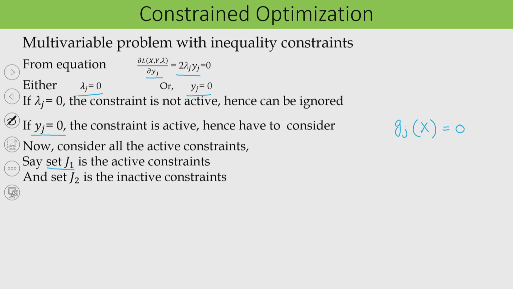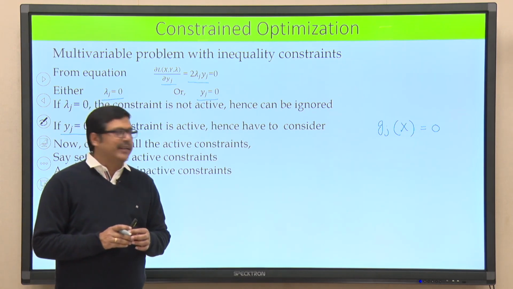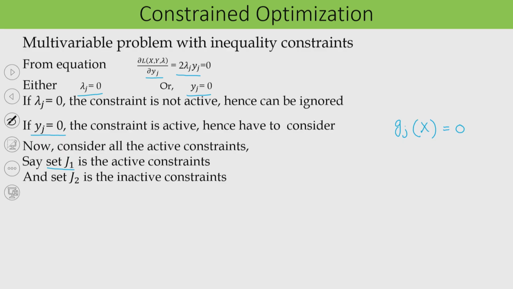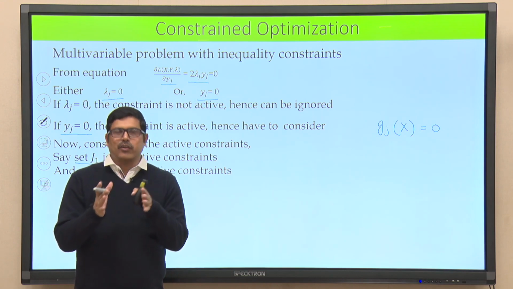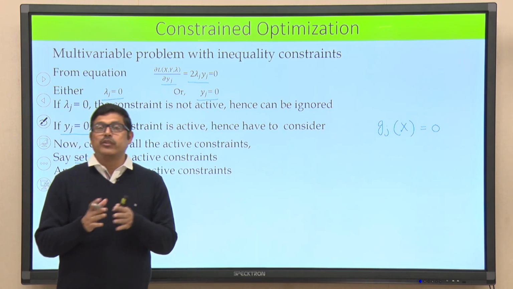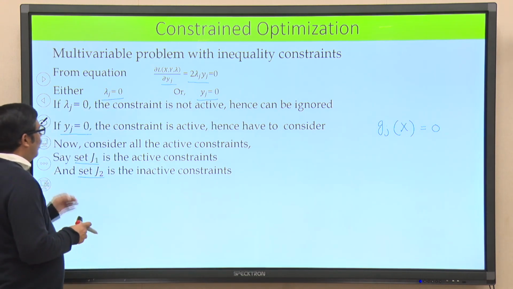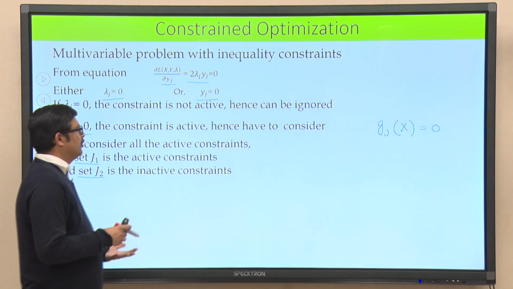We have a total of m constraints, and out of m, J1 is the set of active constraints and J2 is the set of inactive constraints. If I know which constraints are active and which are not, I can put them in those sets: J1 is the set of active constraints, and J2 is the set of inactive constraints.